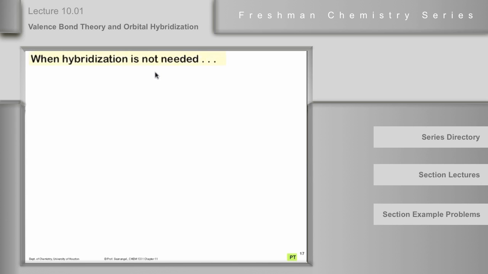Well, hybridization is generally needed whenever the shape doesn't match up to the shape of atomic orbitals that you could get from atomic orbitals. And frequently, that has to do with molecules whose central atoms are surrounded by atoms that are crowded to some degree.